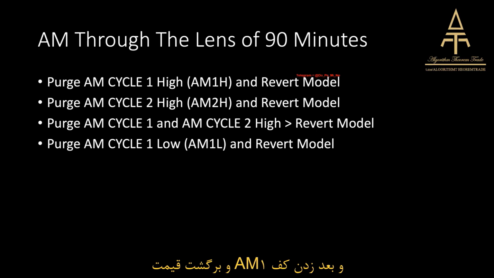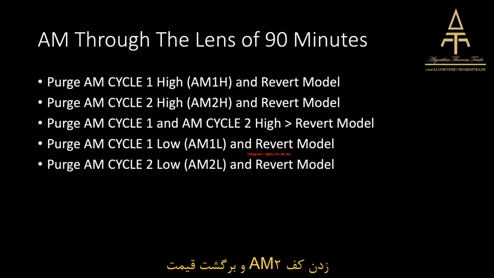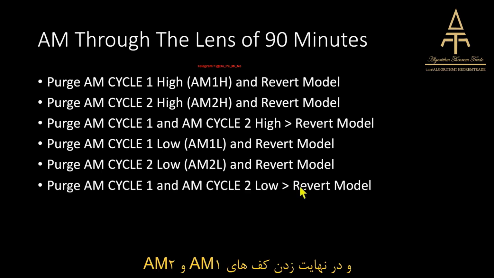We will then be looking at the purge of the AM cycle 1 low and a reversal model, then a purge of the AM cycle 2 low and a reversal model, and finally a purge of both the AM cycle 1 and AM cycle 2 lows and a reversal model.